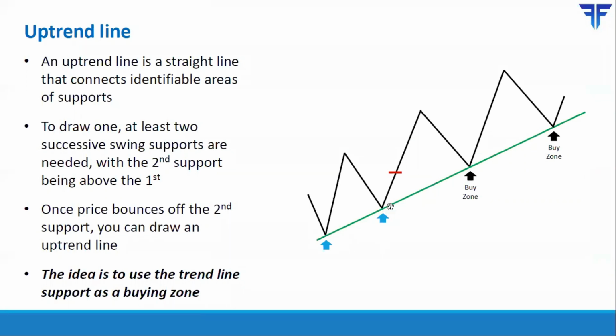Once price rallies from the second swing low and the second swing low is confirmed, all you need to do is click on your technical toolbox, select trend line, and connect these two lows, and then extend the trend line forward. Now, in order to draw a trend line, all you need is two successive swing lows. Once two successive swing lows are in place, you can connect a trend line and project it forward.